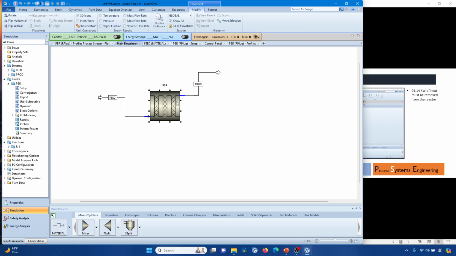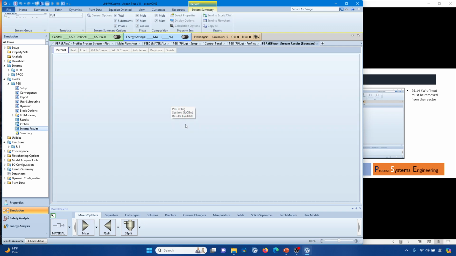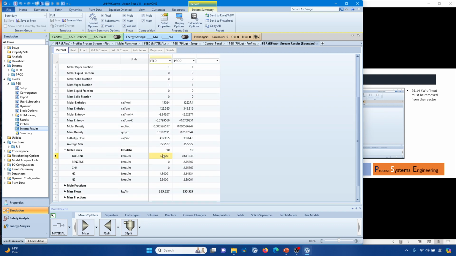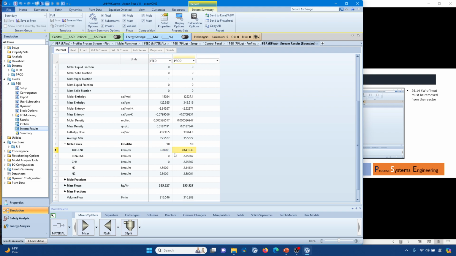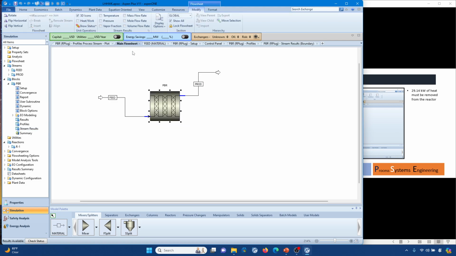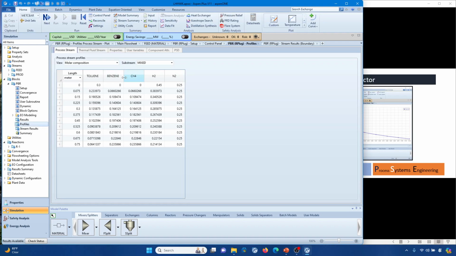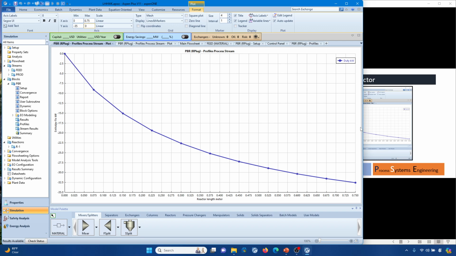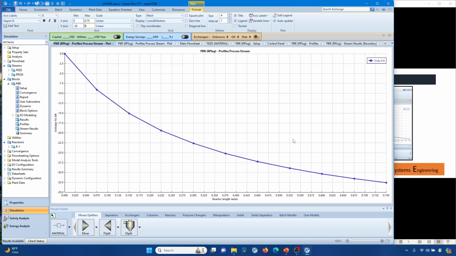And we could look at our conversion. Toluene, about 80% conversion is attained. And if we come back to our profiles, we could see the kilowatts. And we could see the enthalpy flow or how the duty varies per length of the reactor.